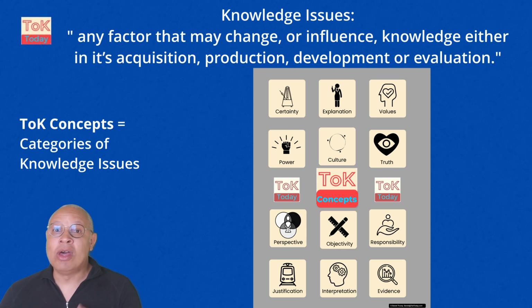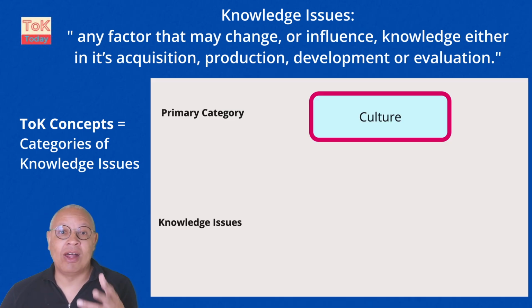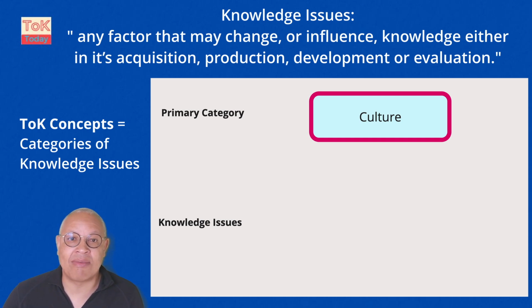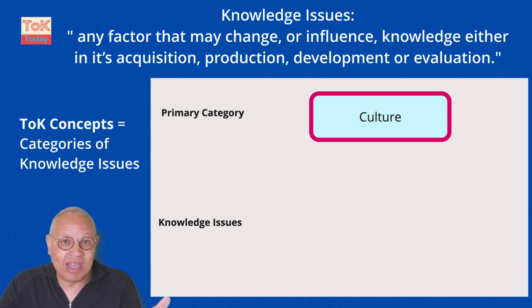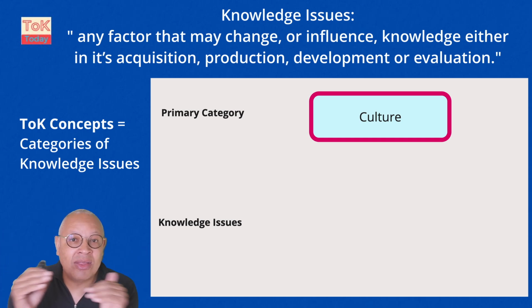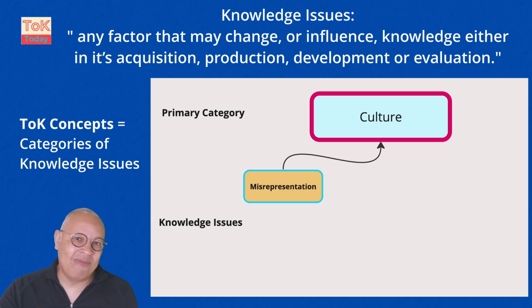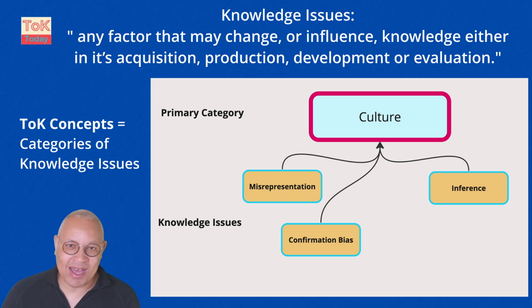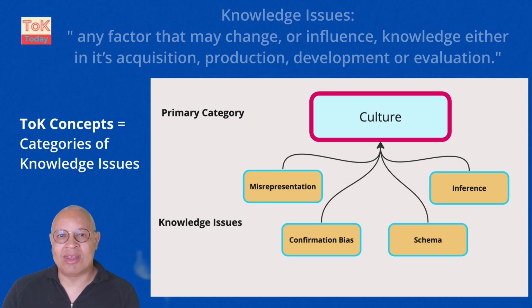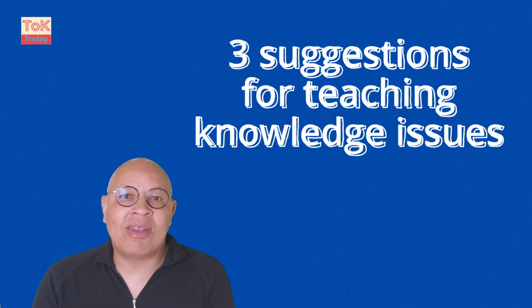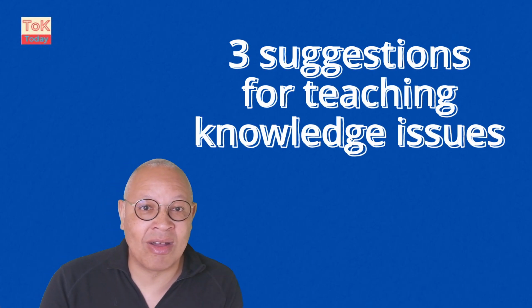For example, culture is one of the 12 core ToK concepts. Therefore, it can be a primary category as a knowledge issue. And we can group underneath culture other knowledge issues such as misrepresentation, inference, confirmation bias, schema, and so on and so on.